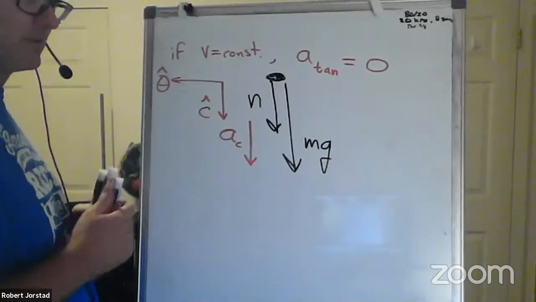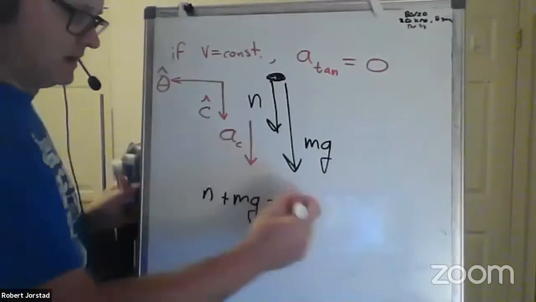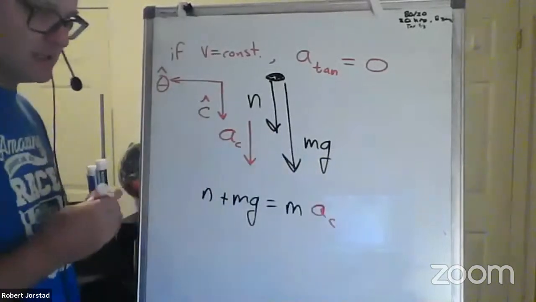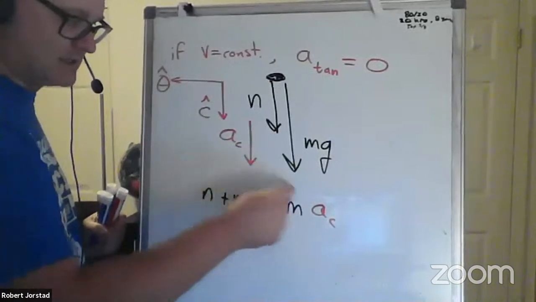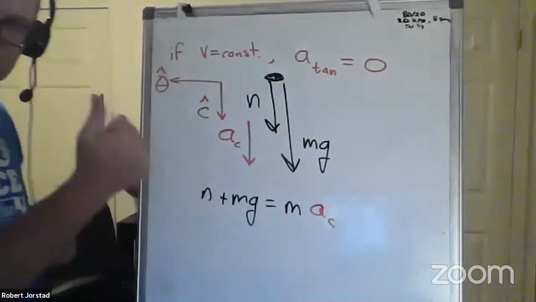Give me a force and whether it should be plus or minus. Is it N plus mg equals m a_c? Okay, and let's check. So this is a good time to use this. Look, all three vectors point the same way, so they should get the same sign. We do. Looking good.